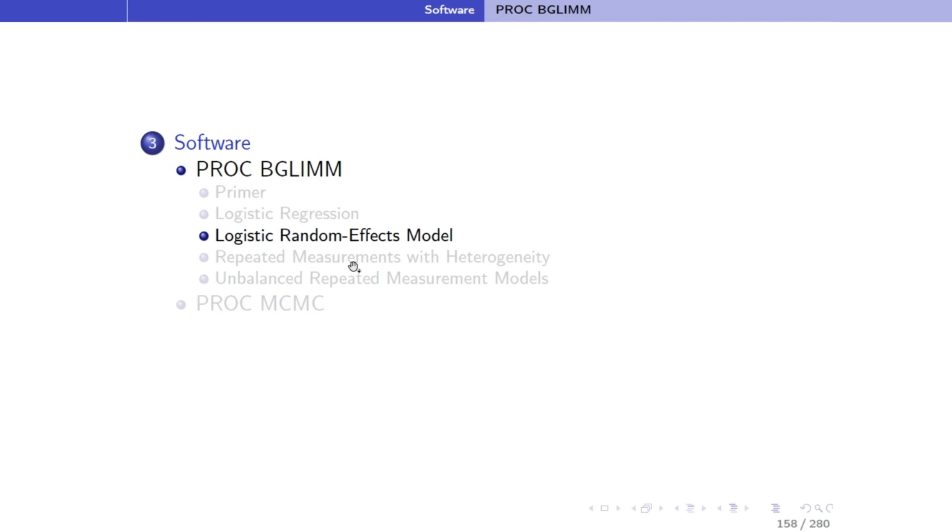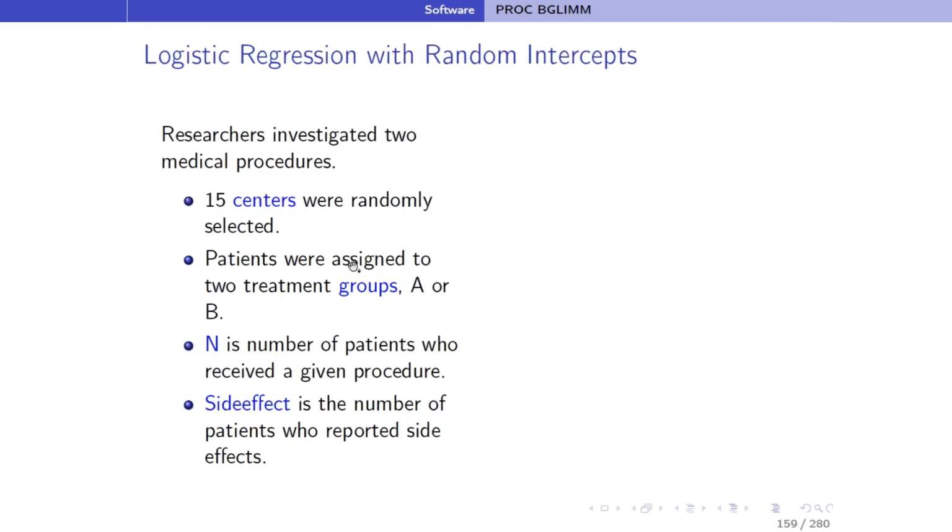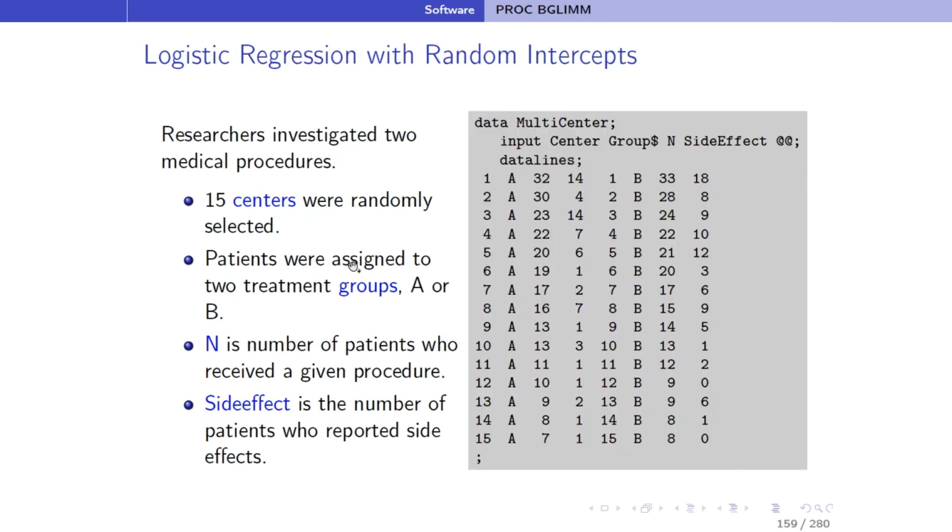Now we're going to extend this to a logistic random effects model. The logistic random effects model is just a random effects logistic with a random intercept. In this example, we are investigating two medical procedures. We call them A and B. There are 15 centers.